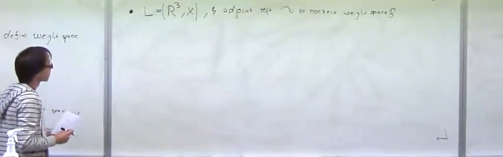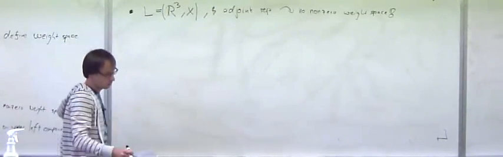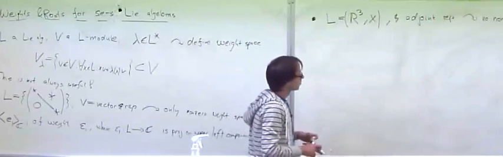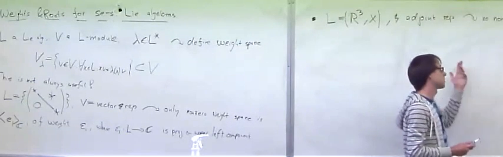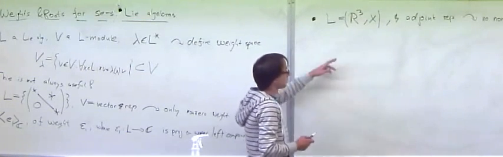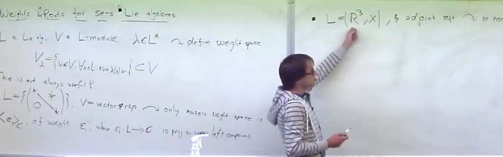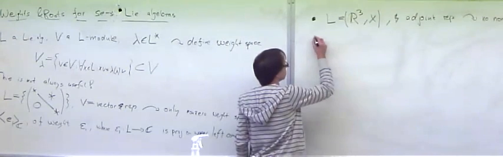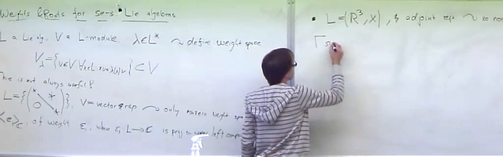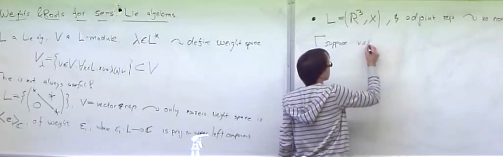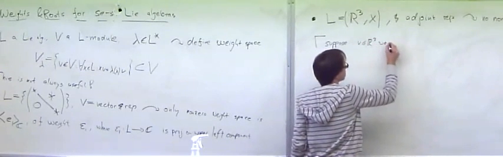Why not? Okay, for this you can just think about it geometrically, because you know this geometric interpretation of the vector product. So what would it mean to have a non-zero weight space, say a one-dimensional one, or say some weight vector? Let's suppose there is a vector in R3 which is a weight vector for the adjoint representation. So let me just write it down. Suppose some vector v in R3 is a weight vector.